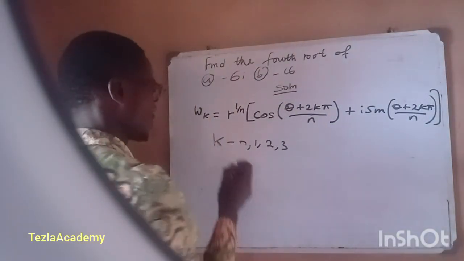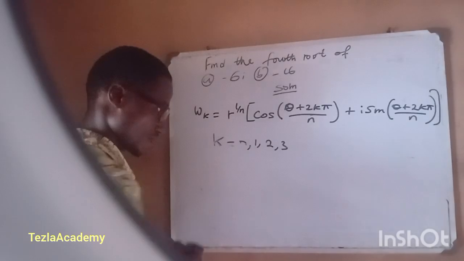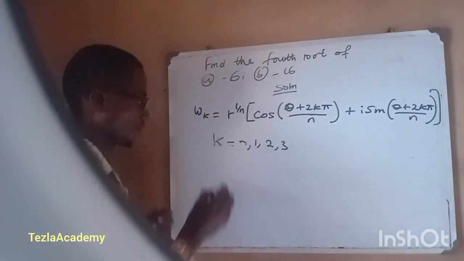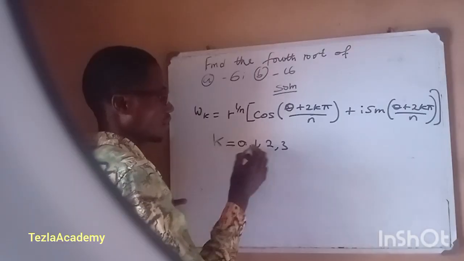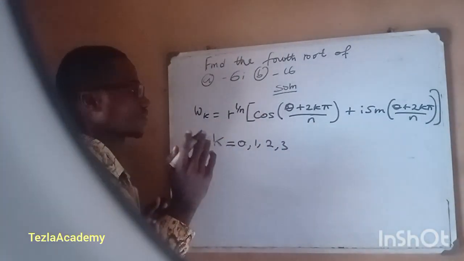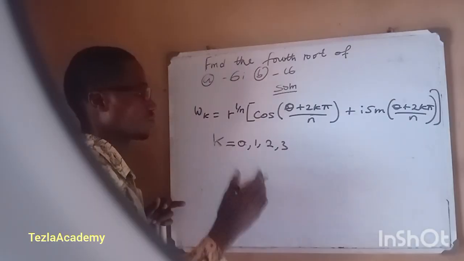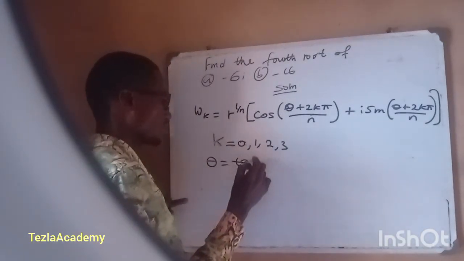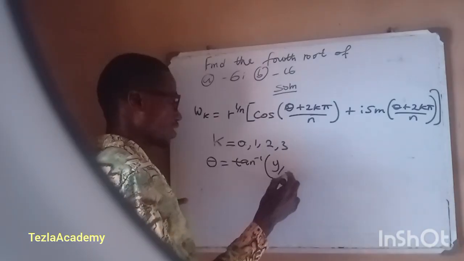So we'll now find the angles, when k equals 0, 1, 2, 3. So theta equals tan inverse of y over x.